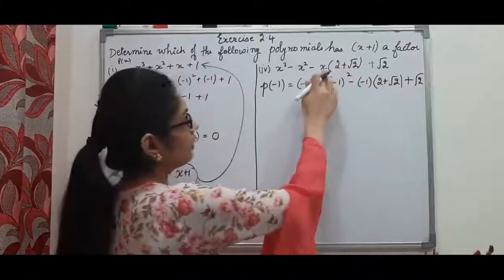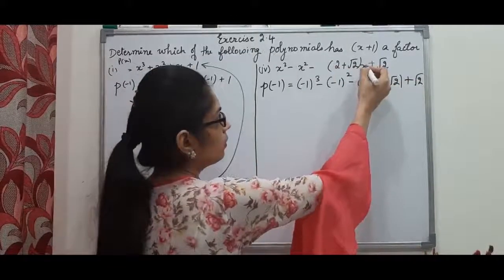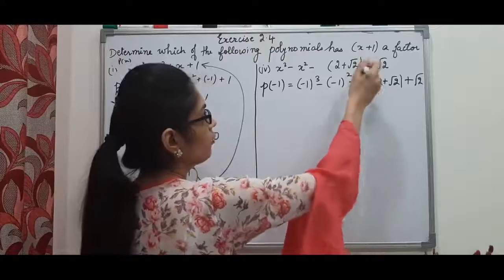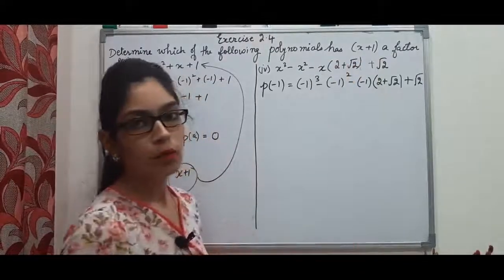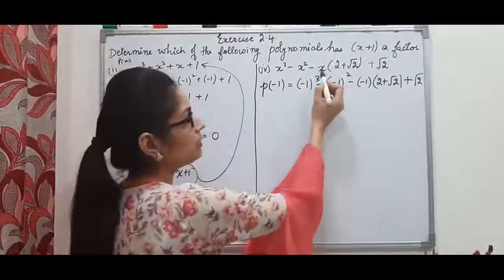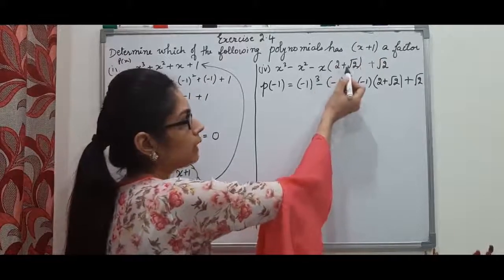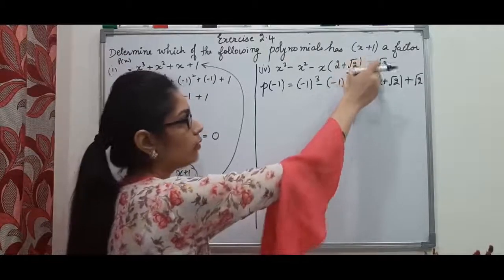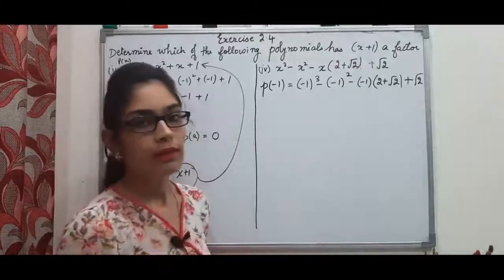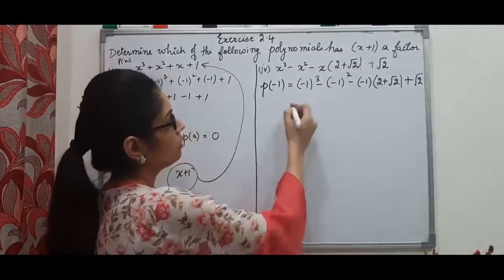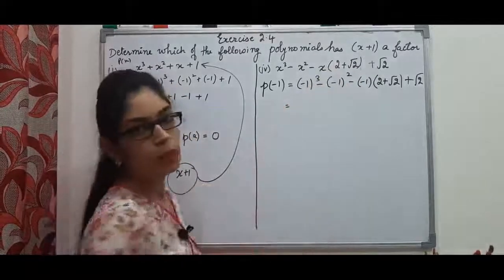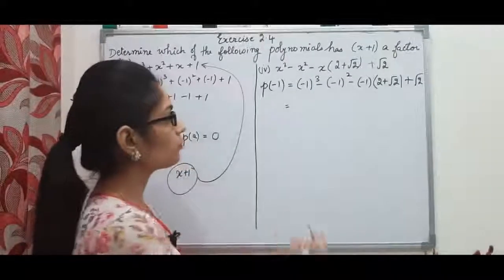Here x was written here. I have just shifted x from here to here. It won't make any difference because x is a variable and it is getting multiplied with this number. So whether you write it here or here, both mean the same thing. I have shifted it here to make my calculations easy.